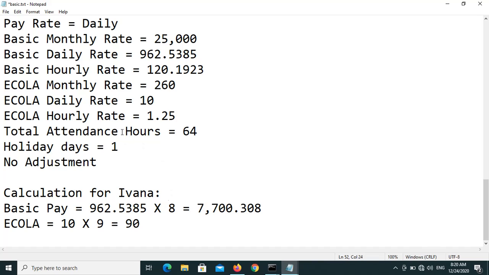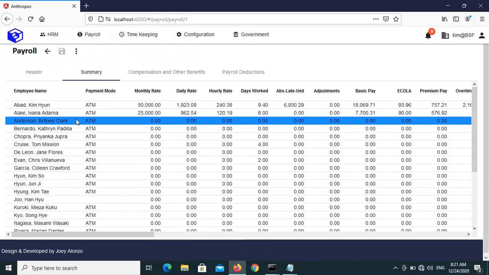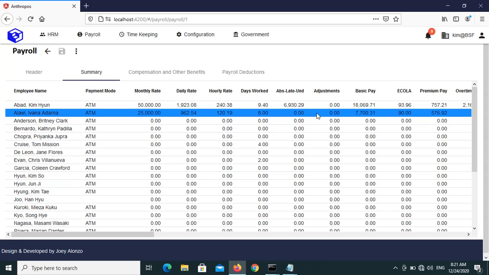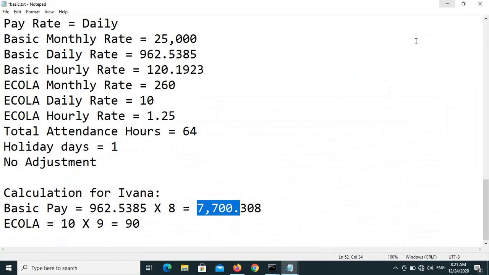So her total attendance hours is 64. So we will divide it by 8 to get the total number of days, and that is 8. So the basic pay for Ivana is 7,700.308. So if we go to the basic pay of Ivana here, it is 7,700.31, rounded to the nearest two decimal places.